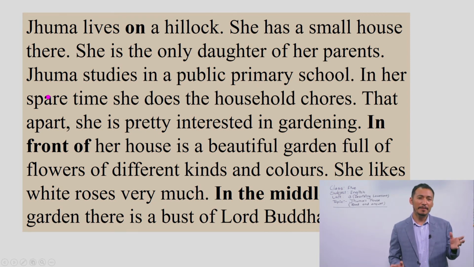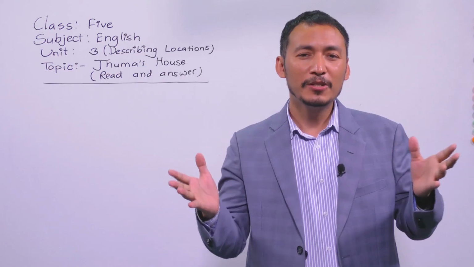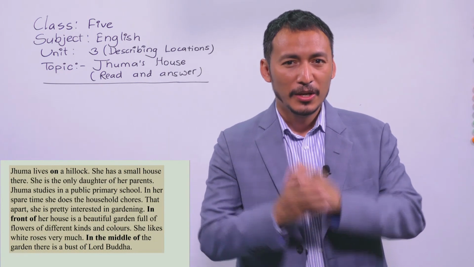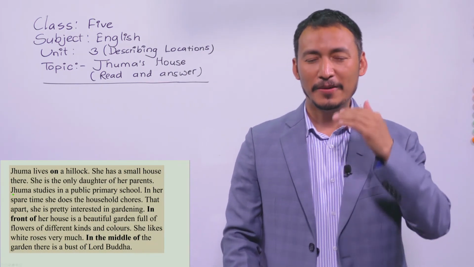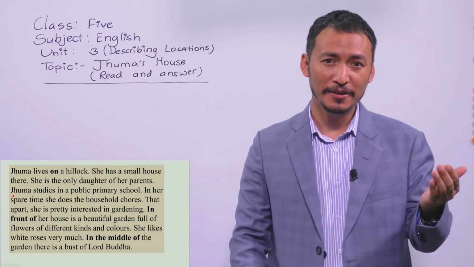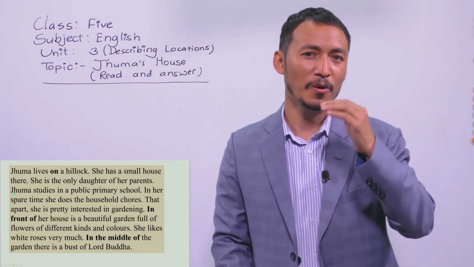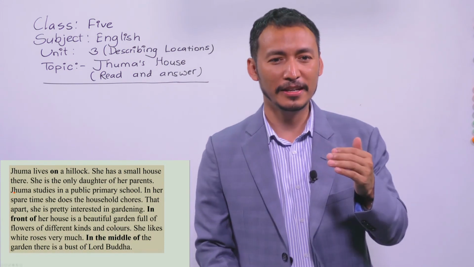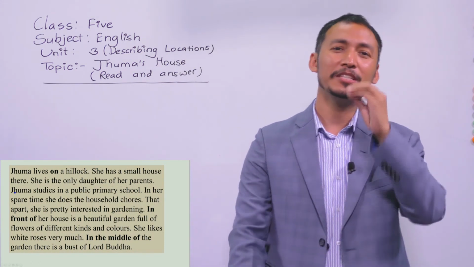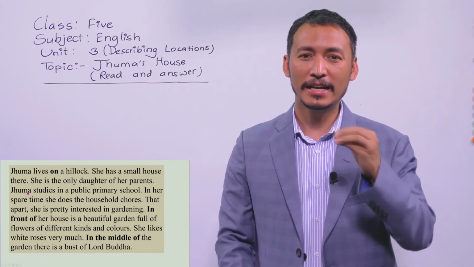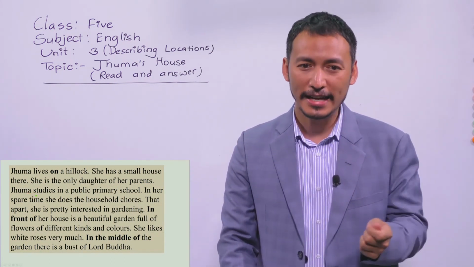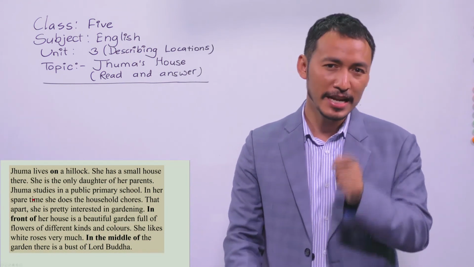In spare time, you can do anything you like. You have homeworks or you have works asked to be done by your parents. When you finish your homeworks or the works in your home, then you have spare time. So that means it's your free time. You can do what you like at that time. Okay? Do you understand spare time?